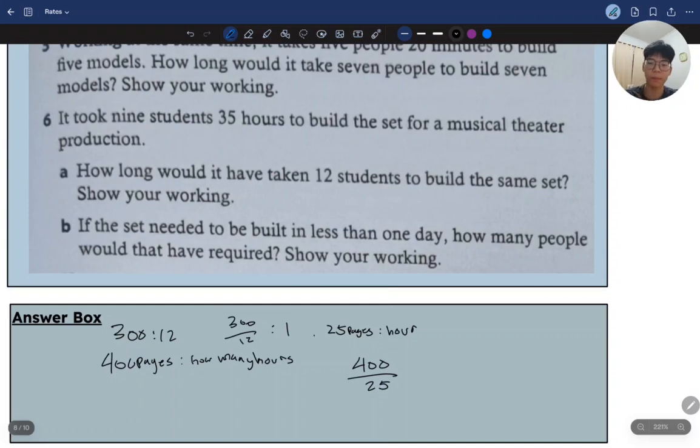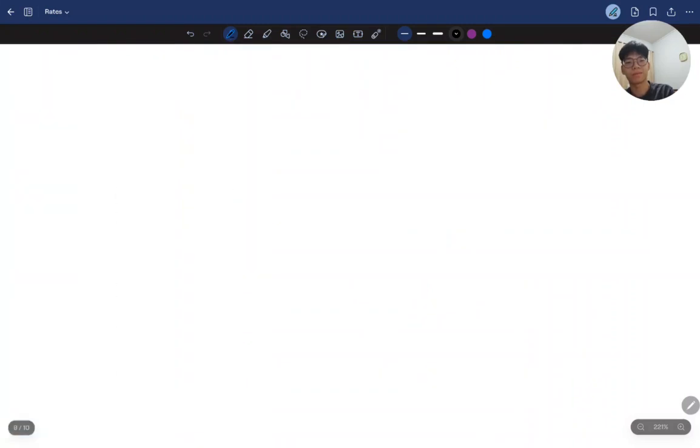So 400 divided by 25 equals 16. It means that it takes 16 hours for him to read a 400-page book. That's it.